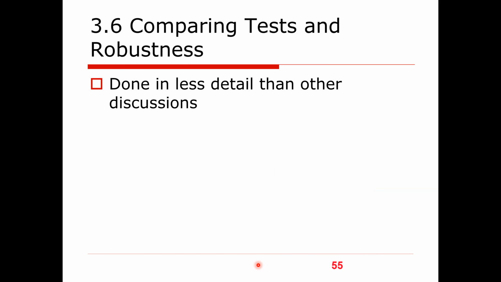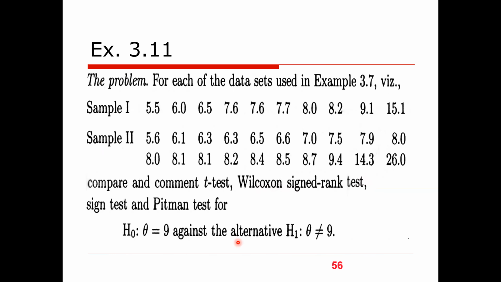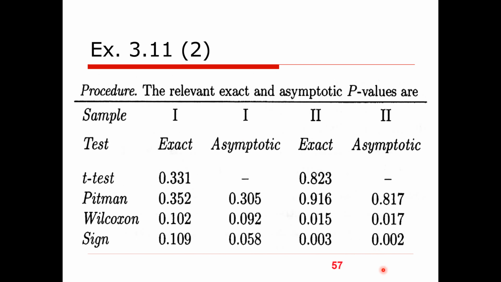All right, comparing tests and robustness. It's been done in less detail than in other discussions, but we have some material about testing robustness. For right now, let's just roughly look at some, with the data sets, the 2 samples we used in example 3.7 and also 3.2 maybe. So there are some comparisons of the t-test, Wilcoxon, sign test, and Pitman.